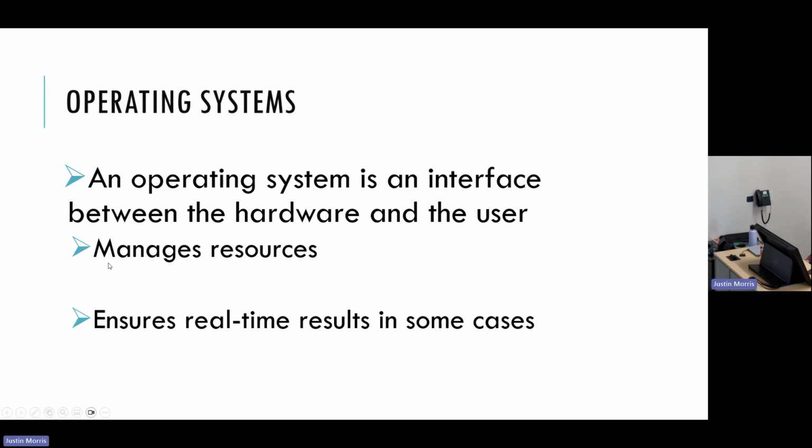And it's also going to be managing your resources. So what is going to be running on the CPU at a given time, which program that is part of that embedded system gets to run on the CPU. Things like that.